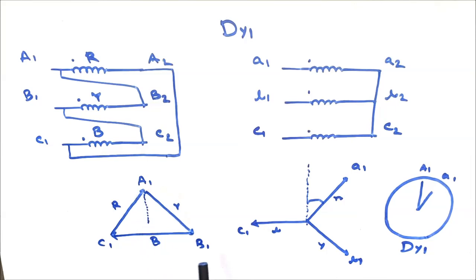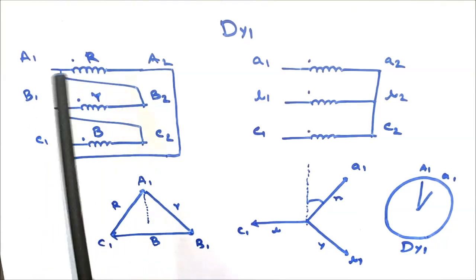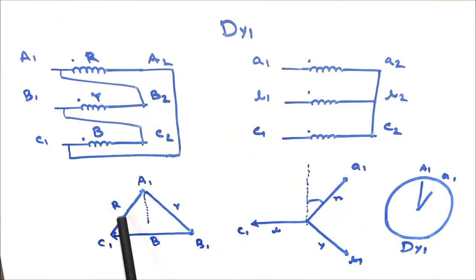So A1, B1, C1 are the connection terminals. In between A1 and C1 there exists the red phase coil.